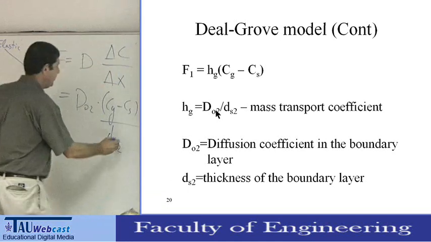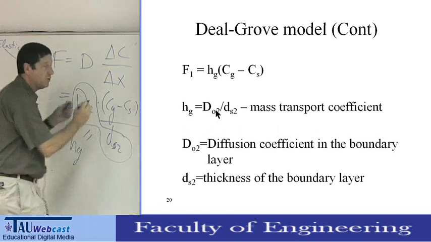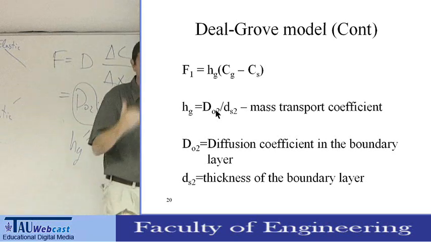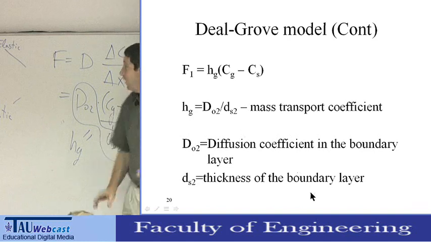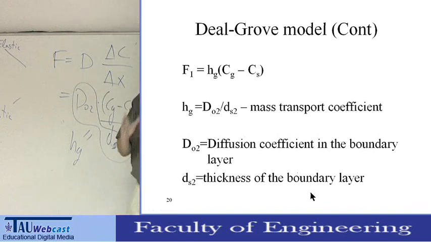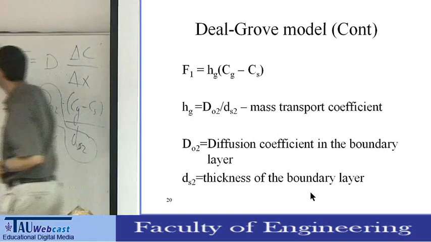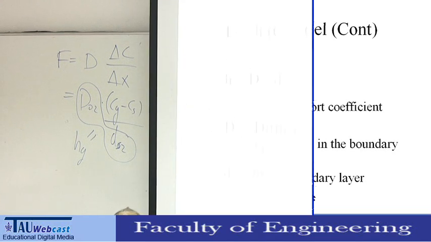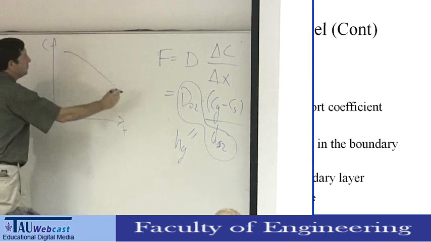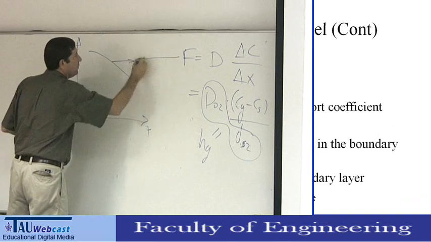Now we call this expression Hg, because it's constant. Those are two constants, and a constant divided by a constant is a constant. Fick's law says that if I have a gradient of concentration between two points, you have a profile. This is concentration versus x. The flux here is given by this equation.